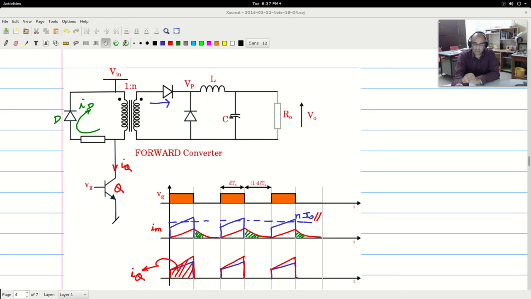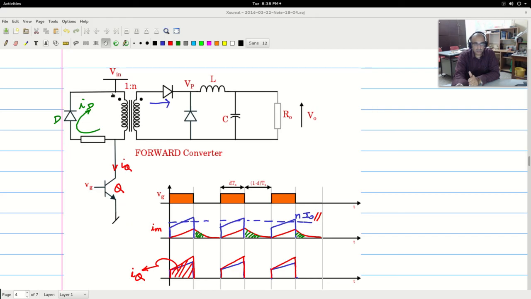L and C will be designed in exactly the same way as we did for the buck converter circuit, because the output portion of the circuit is nothing but the buck converter. So we know how to rate the resistor, we know how to rate this transistor switch. The diode here will have a current rating of the magnetizing current average, and a voltage rating.